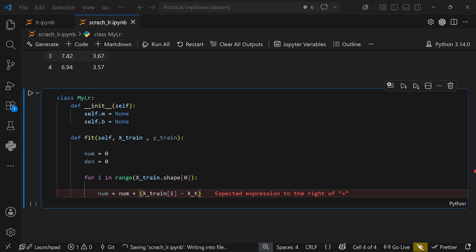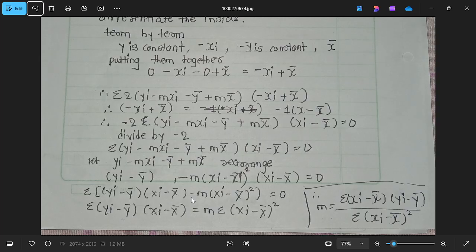X bar is nothing but x train dot mean. What is next? Y minus y bar.